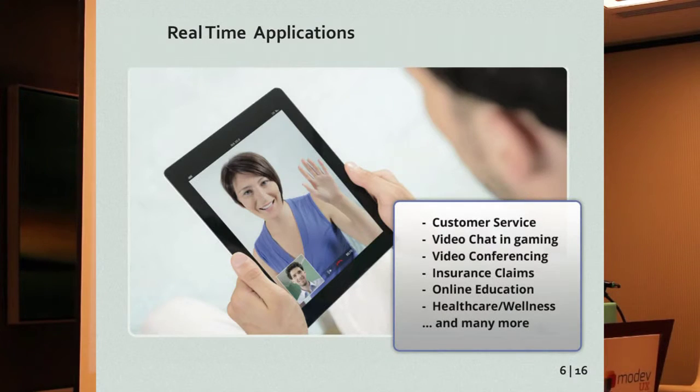Some examples of real-time applications are, of course, conferencing applications, but then you could think about customer service, allowing people to give better feedback on where you are at the page, what you need to do next, what are the next steps to follow, using it for insurance claims, for online education, for healthcare and wellness applications, and of course as many as you can think of.